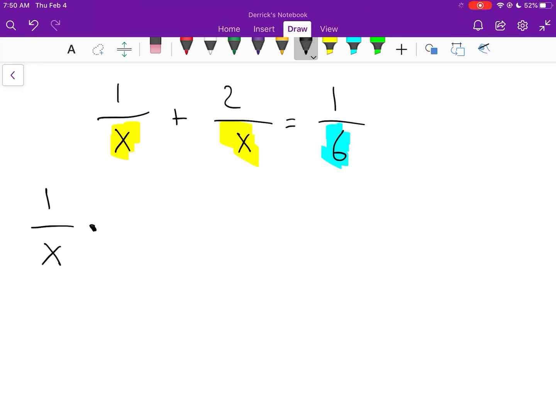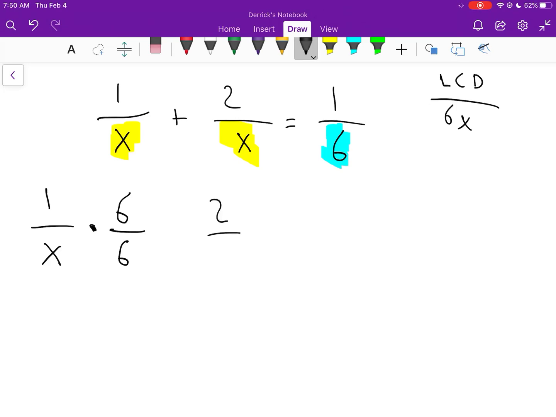The question is, what do I need to multiply by to get from x to a least common denominator of 6x? Well, x times 6 would certainly give us 6x. But obviously we can't just randomly multiply by 6. If we're going to multiply by 6, we need to do it on both top and bottom, numerator and denominator, because that way we aren't changing the actual value.